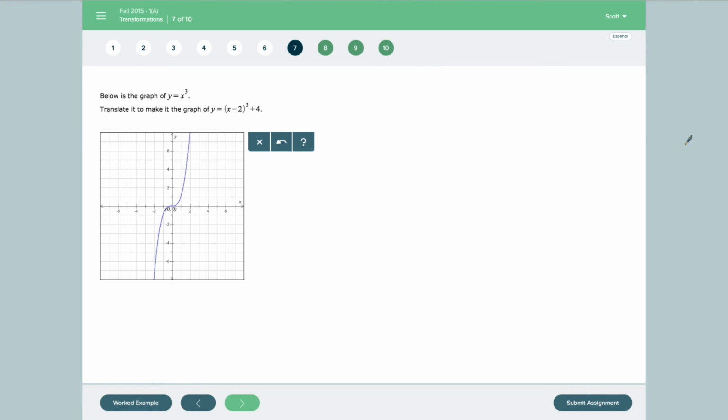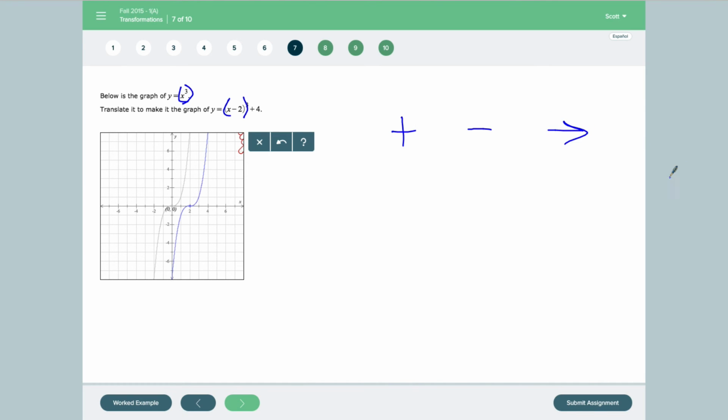Okay, now we've got a cubed here. Don't worry so much about the cubed. Picture it as parentheses. We've got a minus 2. So we're going to go right 2. Because remember, it's plus or minus.